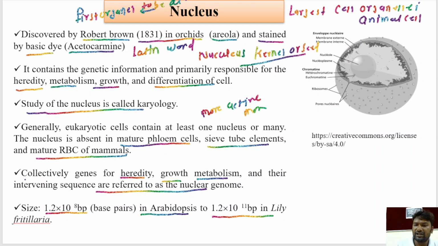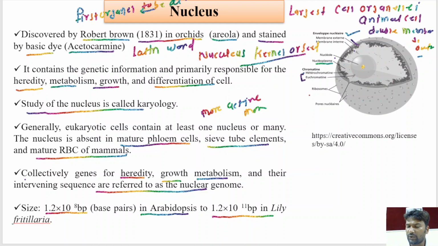So friends, this is the structure of the nucleus, in which we have the nuclear envelope, which contains a double membrane. The nucleus has a double membrane: the outer membrane and the inner membrane. It also has the dense nucleolus, then the nucleoplasm. It also has DNA-bound chromosomes, that is chromatin, heterochromatin and euchromatin.